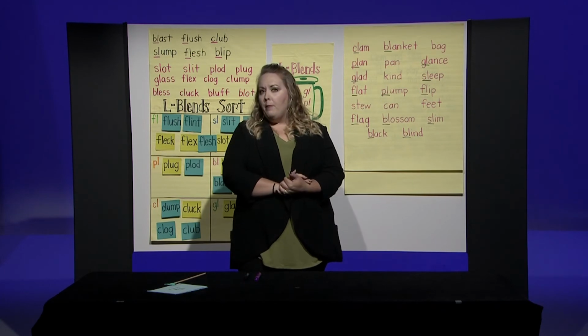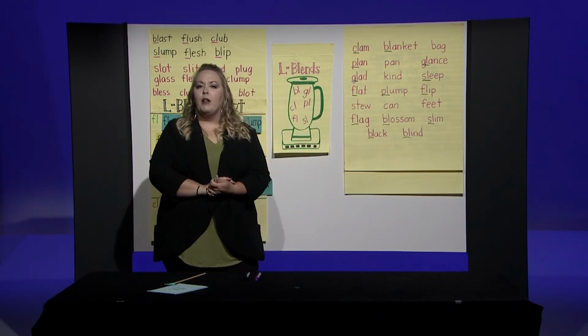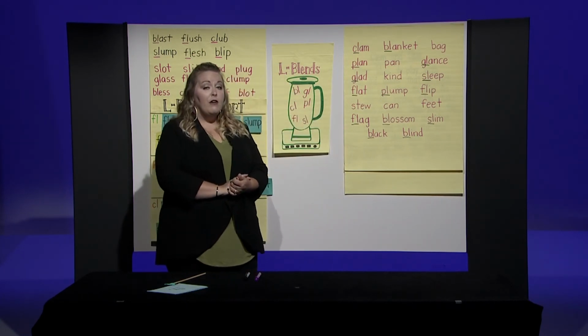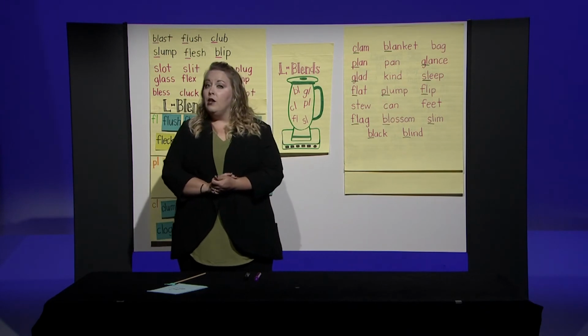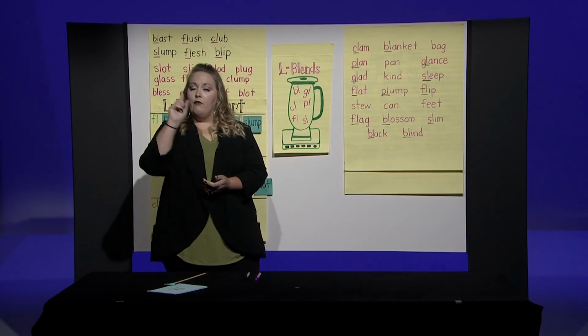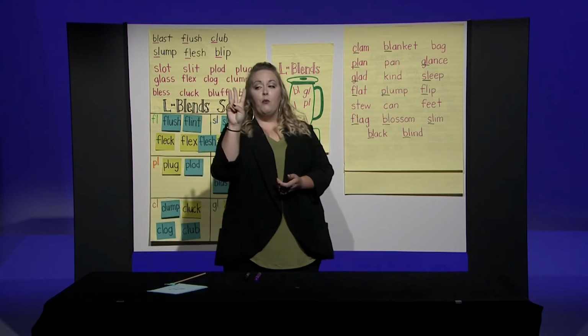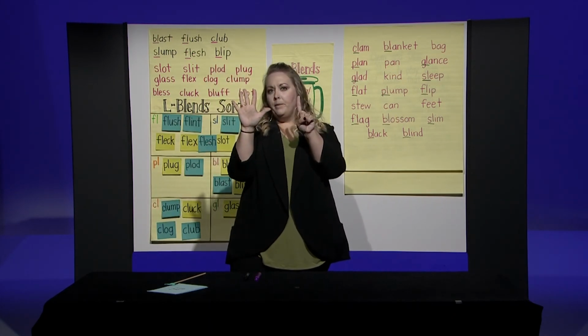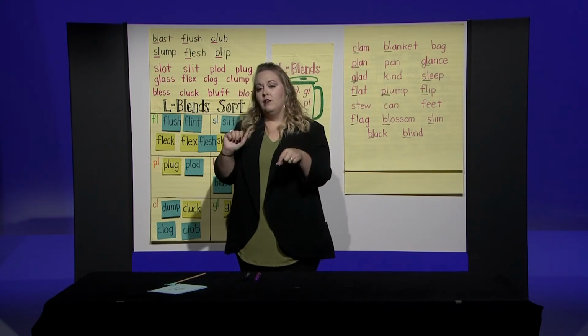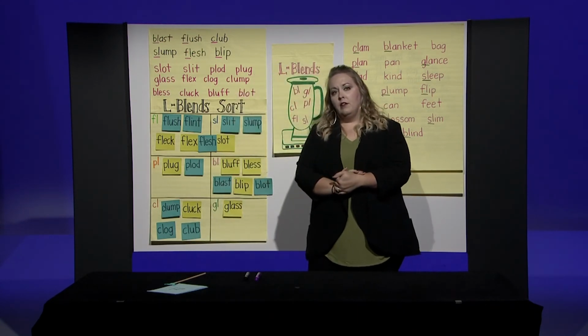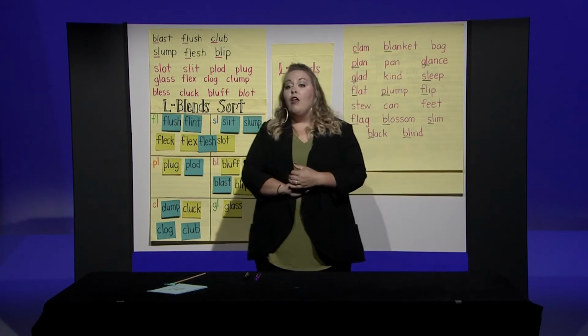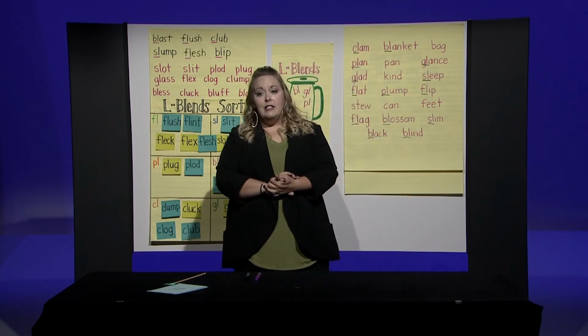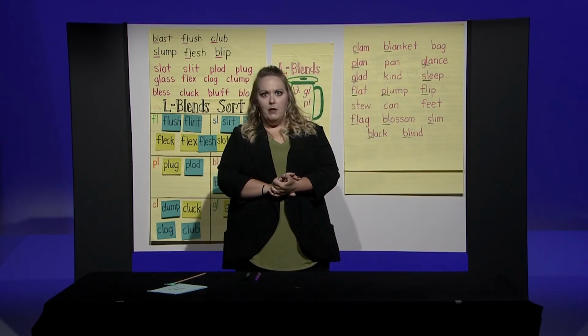So I'm going to tell you a sentence and I want you to write your sentence on your paper. Flip, flop, ran to the plank. Flip, flop, ran to the plank. How many words do you need? 6 words. Okay, the next one. The plump plant is a plum.